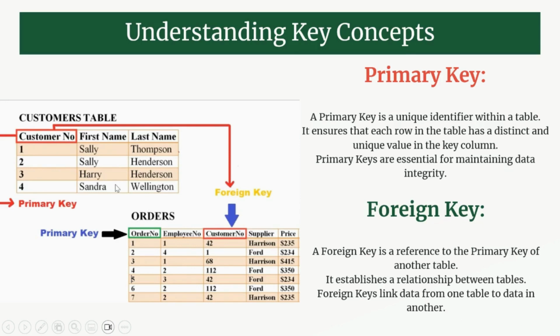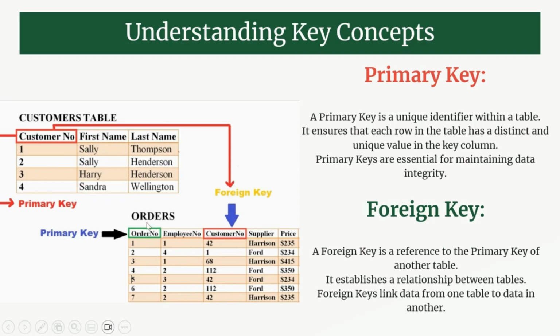Now, moving on to the second table, the orders table here, we have order number, employee ID, employee number, customer number, supplier, and price. Now, the customer number in the orders table is a foreign key because it's only used here to reference each customer in the customer table, right?